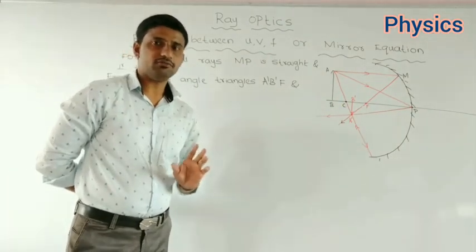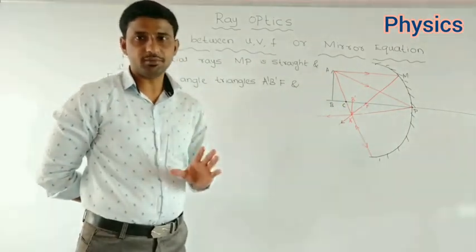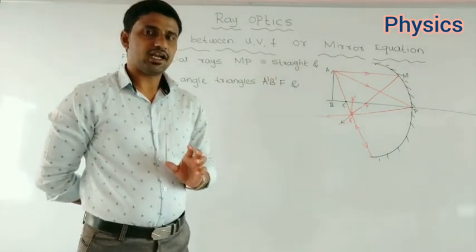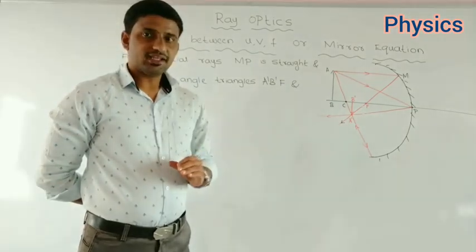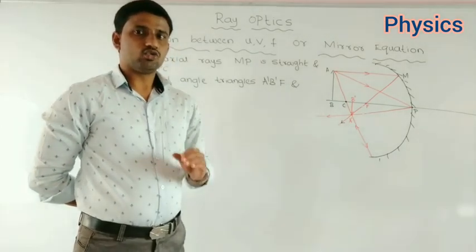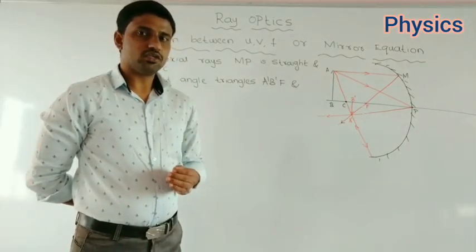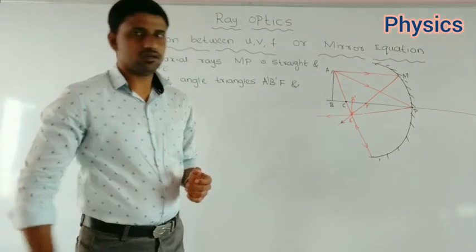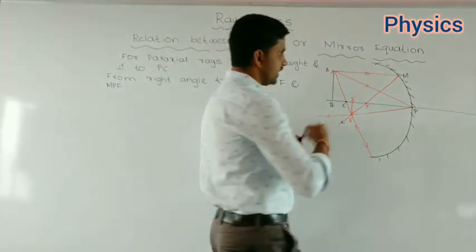We know that if two triangles are similar, then from one of the theorems we can write that the ratio of the base of one triangle to the other triangle is equal to the ratio of the side of one triangle to the other triangle. We already know about that theorem.